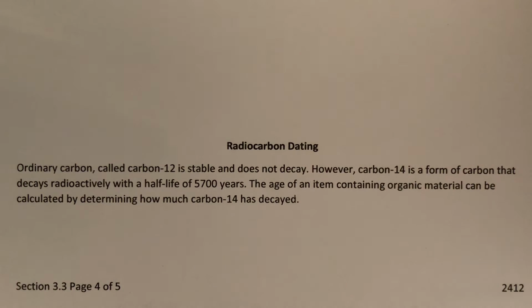The age of an item that contains organic material can be calculated by determining how much carbon-14 has decayed. Because after an organic something dies, it no longer absorbs carbon-14. So the amount that we have in our bodies when we die is what we have. We don't ever gain any more, but it will start decaying.